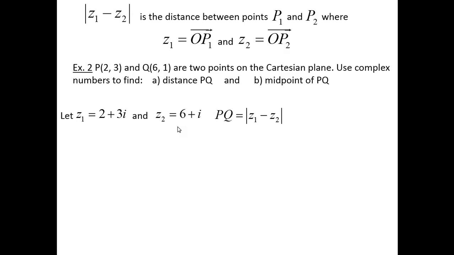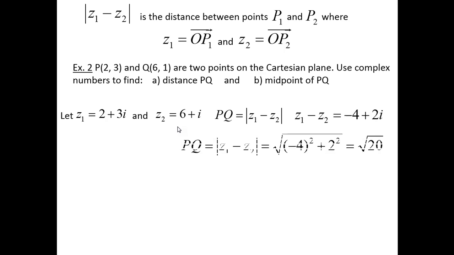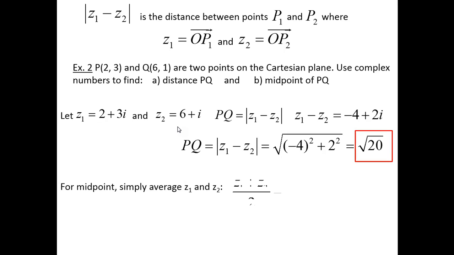One way we could calculate the distance from p to q is just to do the modulus of z1 minus z2. That's z1 minus z2, so if we calculate the modulus, we get square root of 20. For the midpoint, we're just going to average z1 and z2 together.